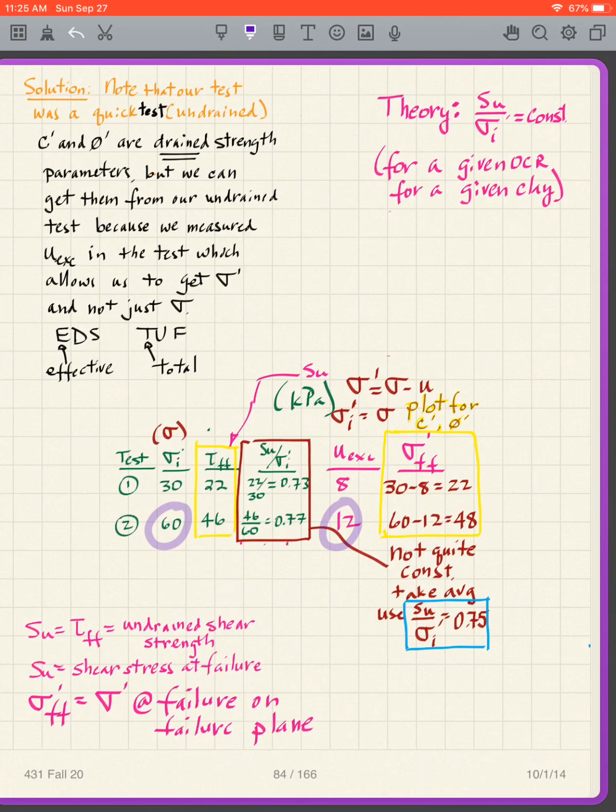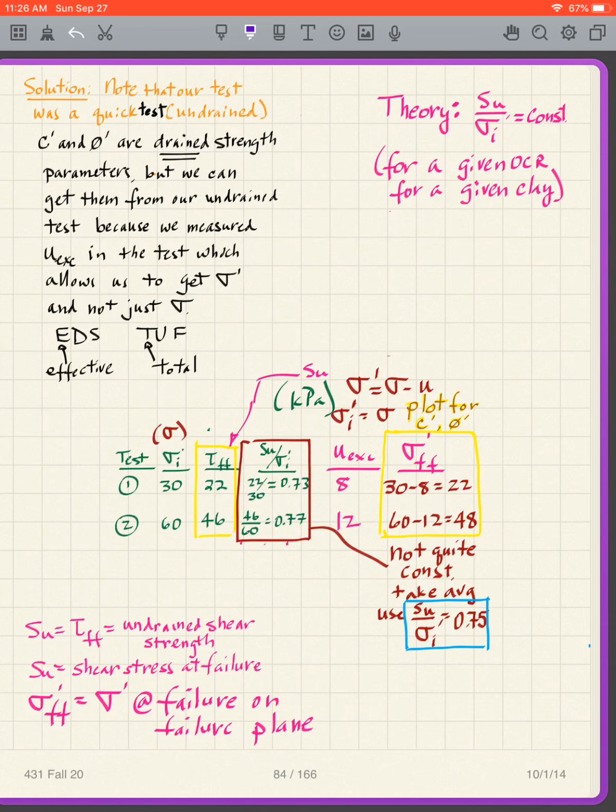Because we measured the excess pore pressure, we can get the sigma prime at failure on the failure plane, sigma prime ff. So what we're going to do now is plot these two columns, our sigma prime ff and our tau ff, to get our C prime and phi prime. We've already obtained our Su over sigma prime i. Now we want to get our C prime and phi prime.